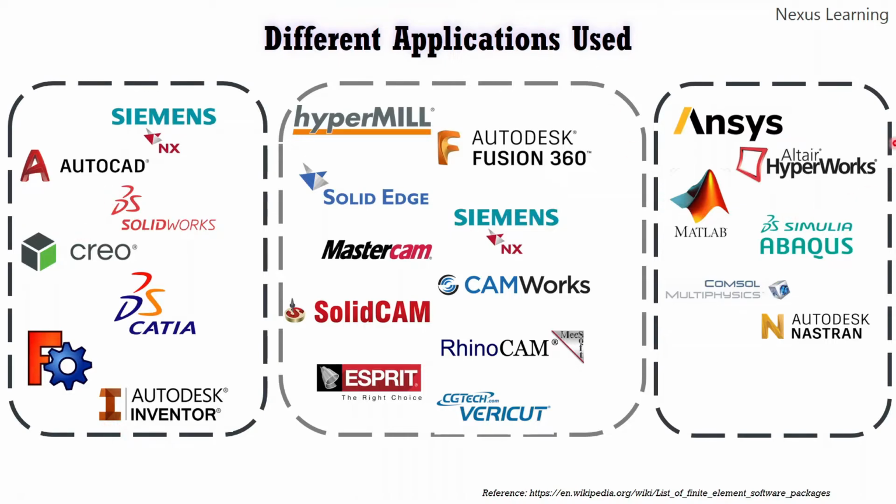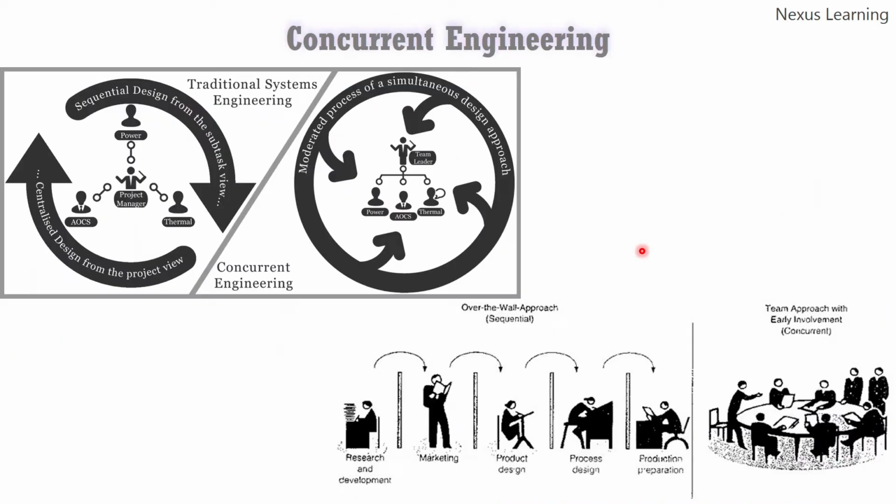And on the right hand side, these are some of the softwares which are used for mathematical model solving. For example, computational fluid dynamics, life cycle, finite element analysis. And the famous softwares are ANSYS, Hyperworks, MATLAB, Abaqus, Comsol, and Nastran. So these are some of the applications which are being used.